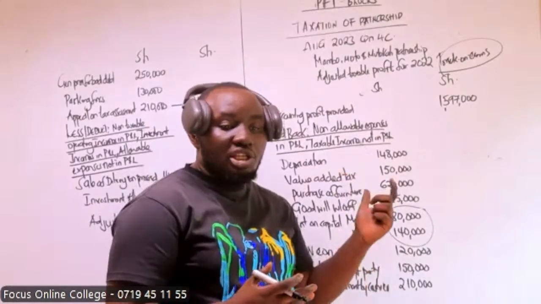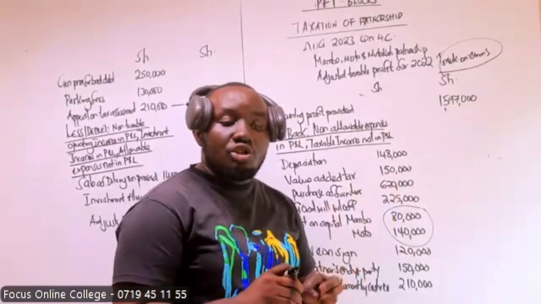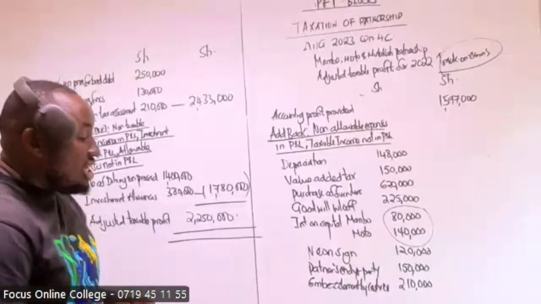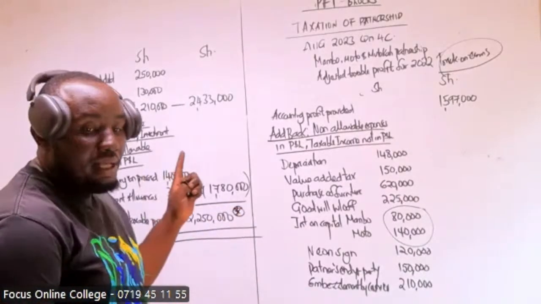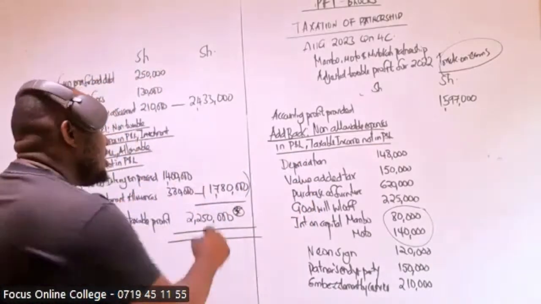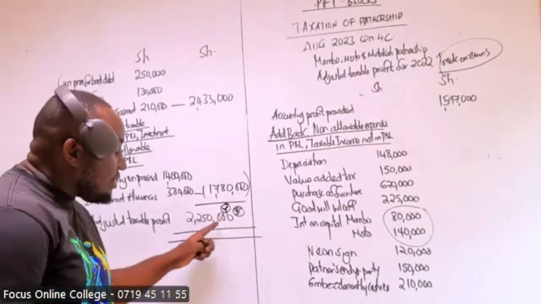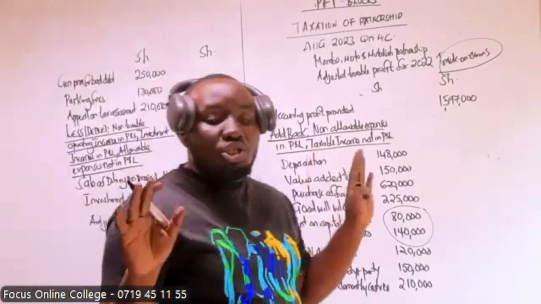The goal is to make as many entries as possible. It's not for you to be perfect, it's for you to get the right calculation. Even in this adjusted taxable profit, this summation we've gotten does not account for any mark altogether.